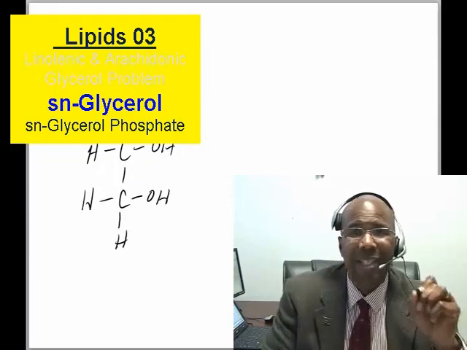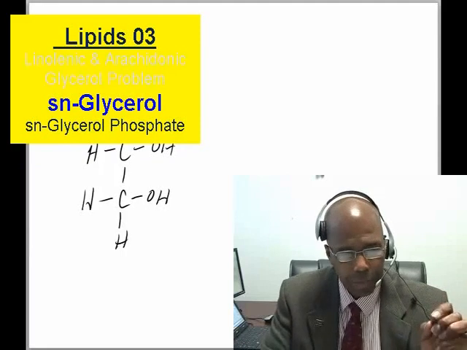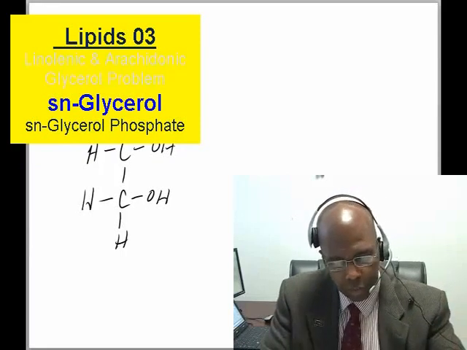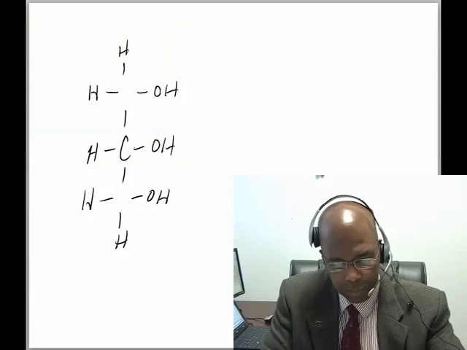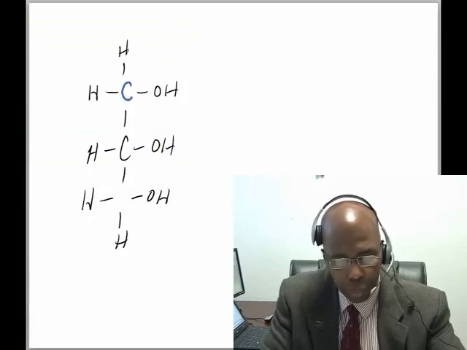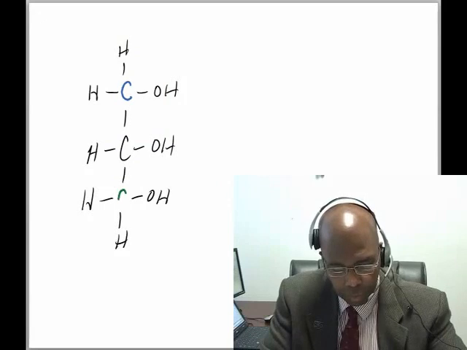Now, since glycerol is achiral, I'm going to change the color of the two carbons on the end so we can see these. I'm going to have the blue carbon and the green carbon.